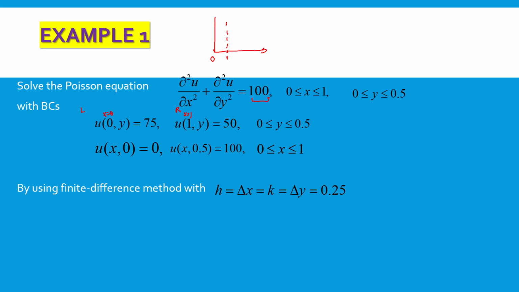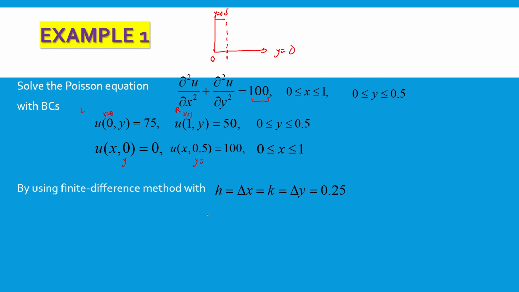Or you please type it. Bottom, correct. So bottom, this is y equal to 0. So y equal to 0 is bottom. The last one is y equal to 0.5, which is top. So x equal to 0 is the left boundary, x equal to 1 is the right boundary.